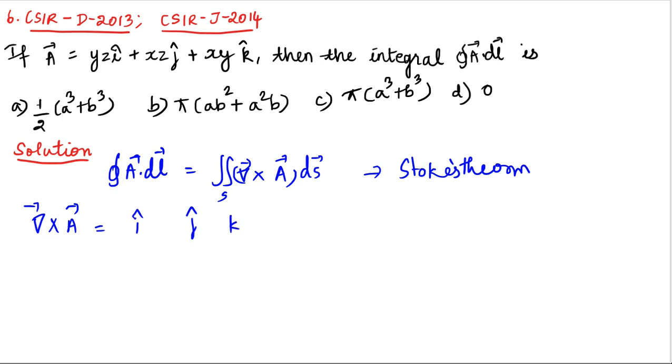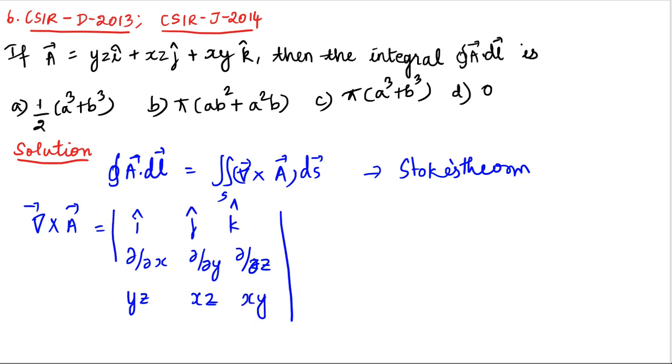So in order to find del cross A, this is the following form. So yz, xz and xy, which is from this A vector. Now we have to just use the determinant. So dou by dou y of xy, you're going to differentiate this term with respect to y, then you're going to get x.